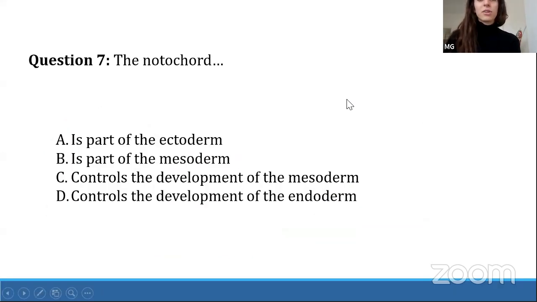Okay, so a quick poll. This will be the last poll. The notochord, which I spoke of briefly, is it part of the ectoderm? Is it part of the mesoderm? Does it control the development of the mesoderm, or does it control the development of the endoderm?